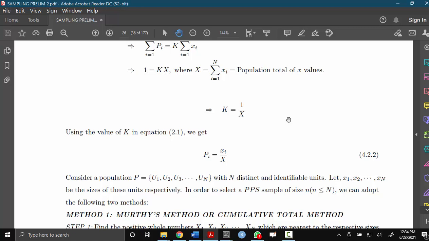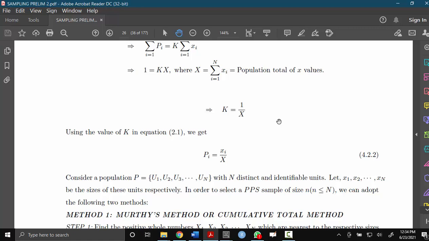One is the cumulative total method suggested by Murthy. M.N. Murthy is famous in sampling. He has written a book also. The other method is due to Lahiri. It is based upon selecting a pair of random numbers.